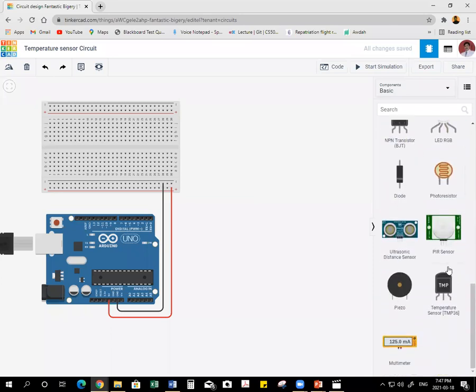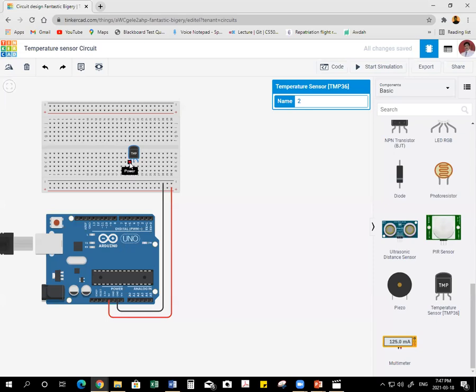Okay, now what we need is a temperature sensor. We have a temperature sensor here. Here many calculations we have to follow, so bear with me. I will put the temperature sensor somewhere here. In the temperature sensor we have only three connections like a servo: power, V out, and ground. V out means we're giving the output from the temperature sensor and input to the Arduino.